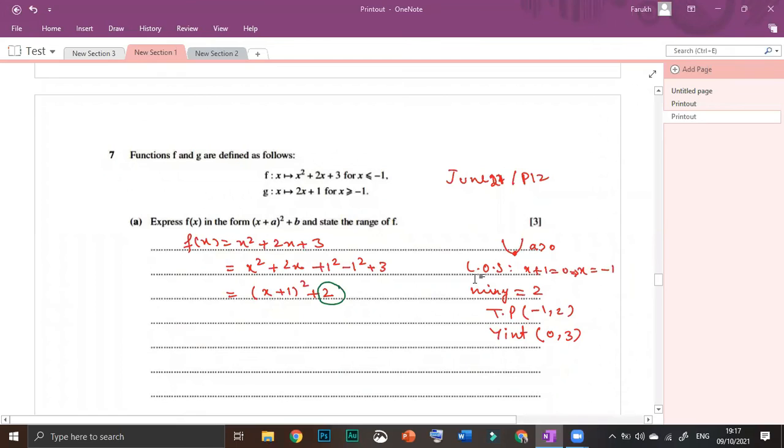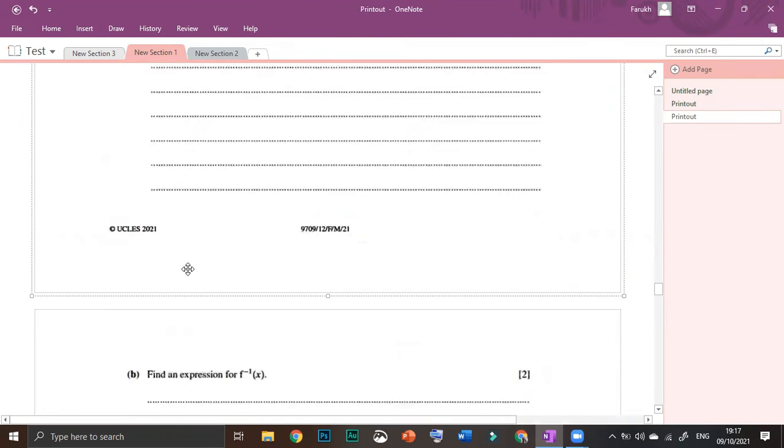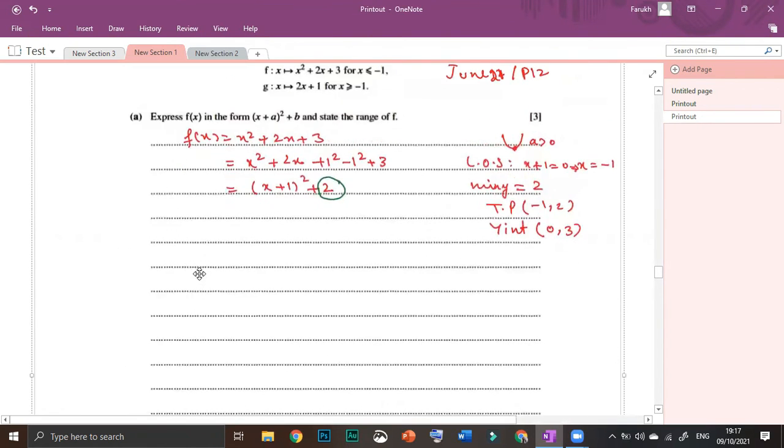To sketch this function, first of all, we will draw the line of symmetry. Number second, we will draw the turning point.